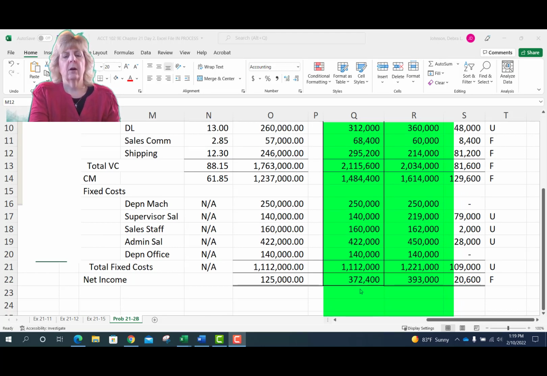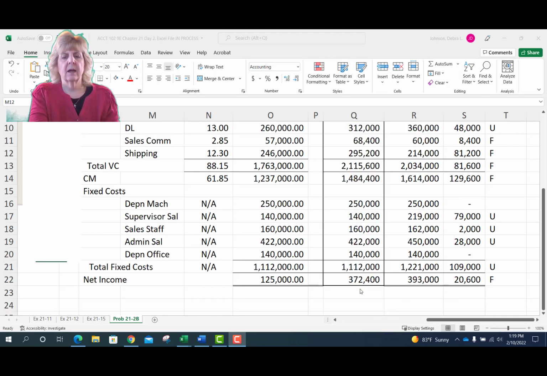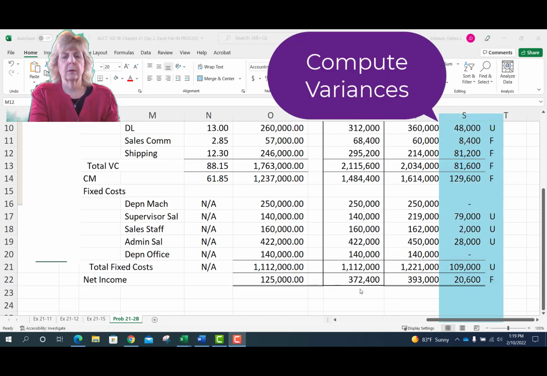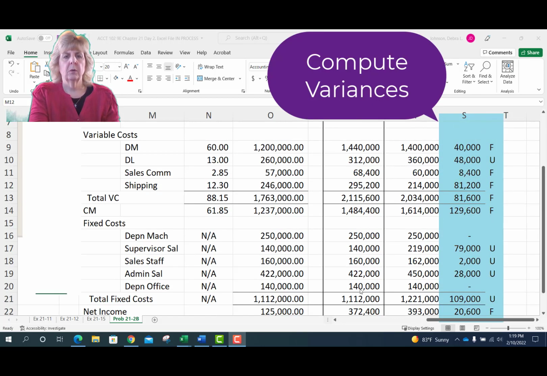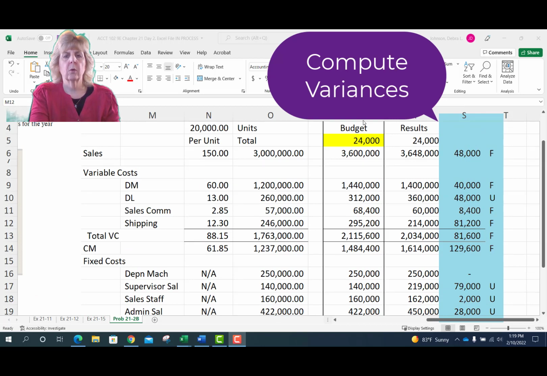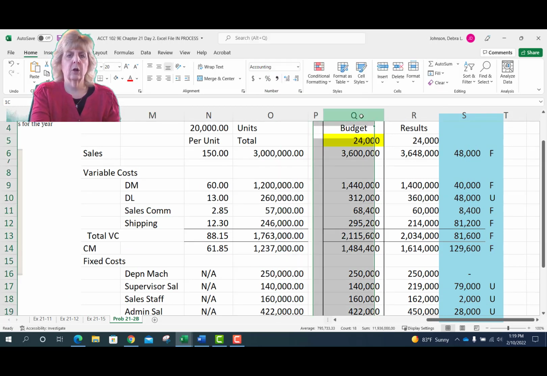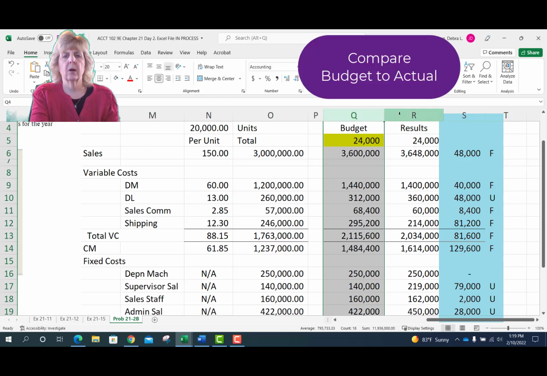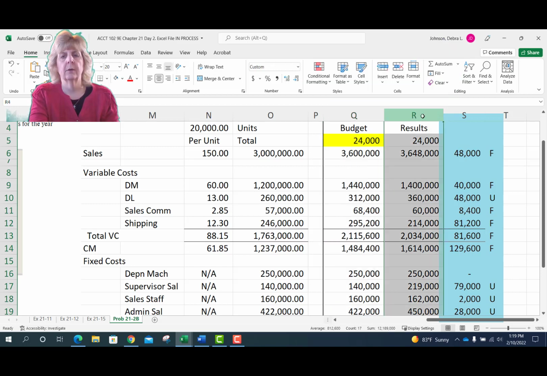The difference on this problem is that they wanted a performance report. So they wanted you to carry the information forward from the highlighted column, from column Q here, and they wanted you to compare that to the actual results shown in column R here.